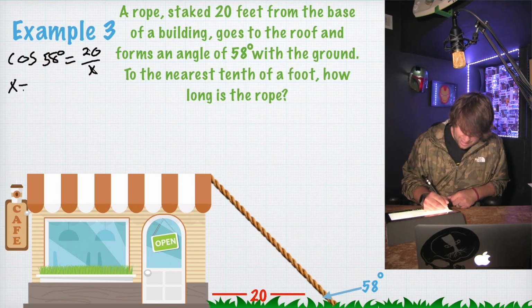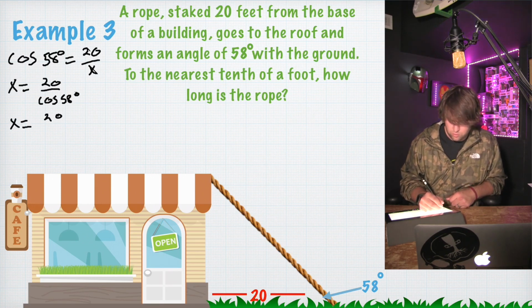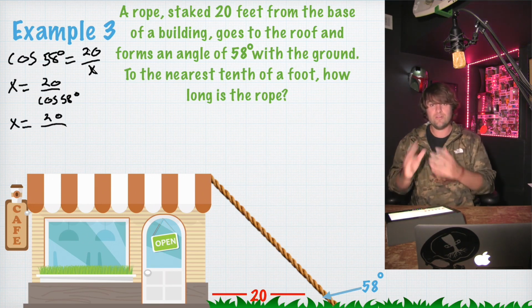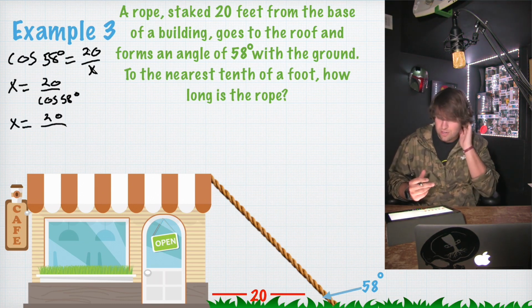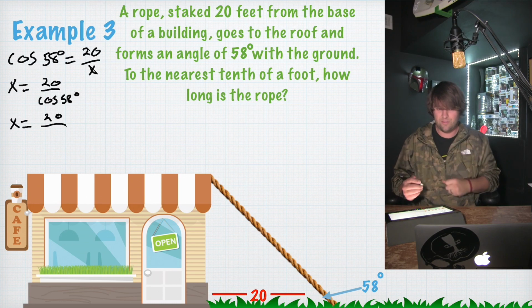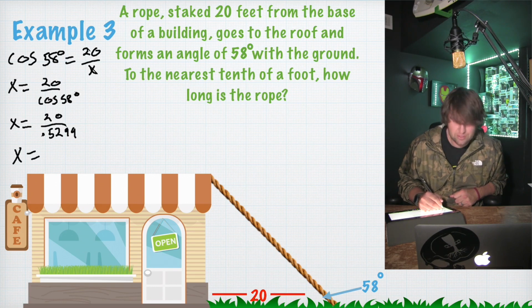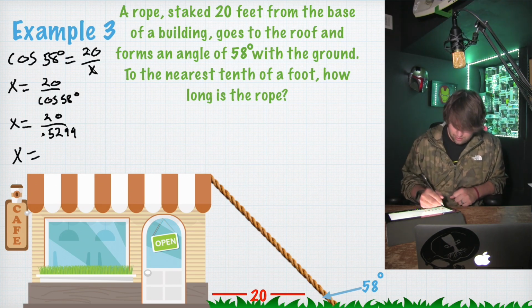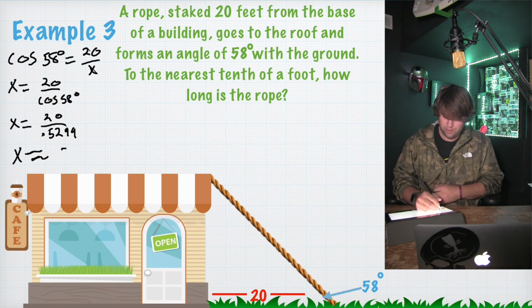So x equals 20 over cosine 58 degrees. We go to that chart and find cosine 58 degrees, which is 0.5299. When we divide that out, x is going to equal about 37.7 feet.